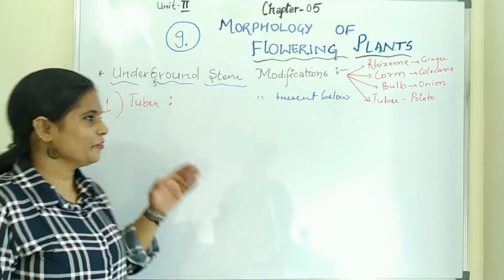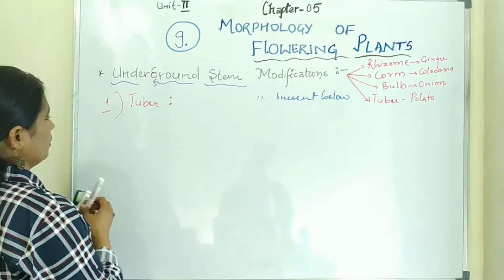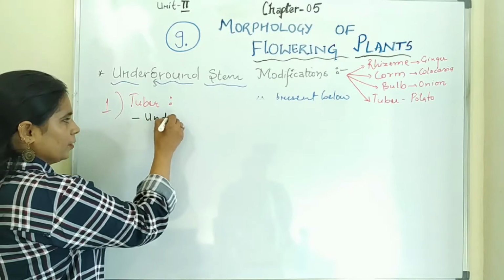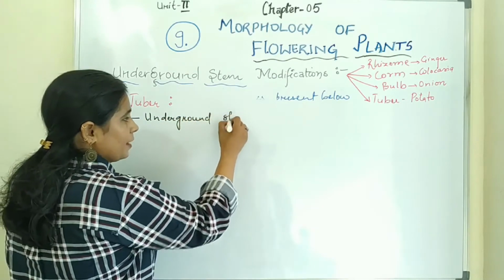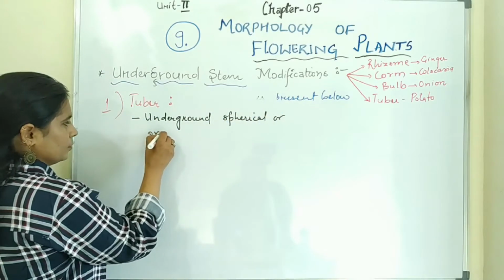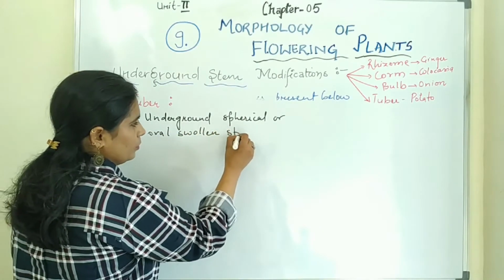Okay, so the first category is tuber. In this, the first thing is it is an underground, spherical or oval, swollen structure.